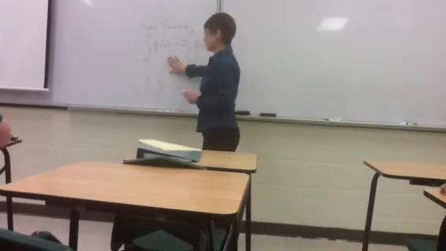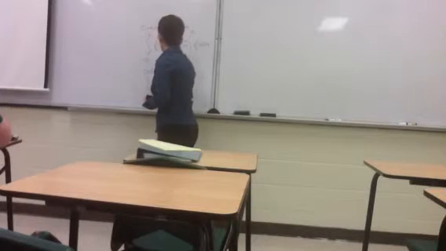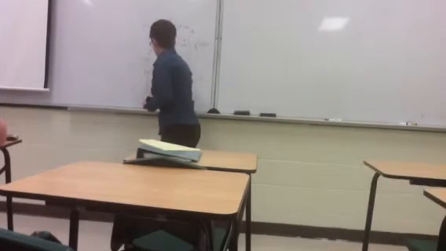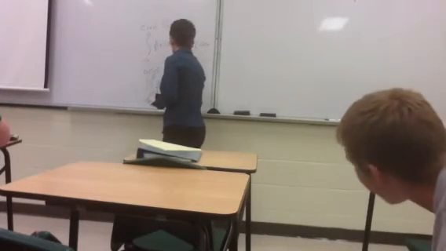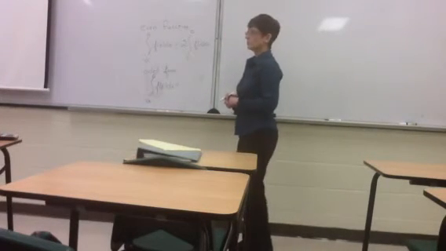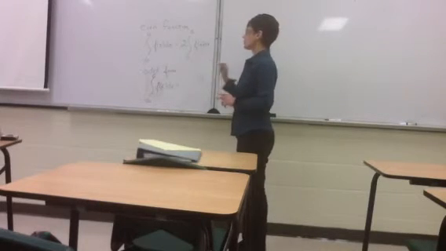And you can calculate an even function this way. With an odd function, the integral from negative a to a of f of x dx, what do you think that's going to be? What does an odd function look like?